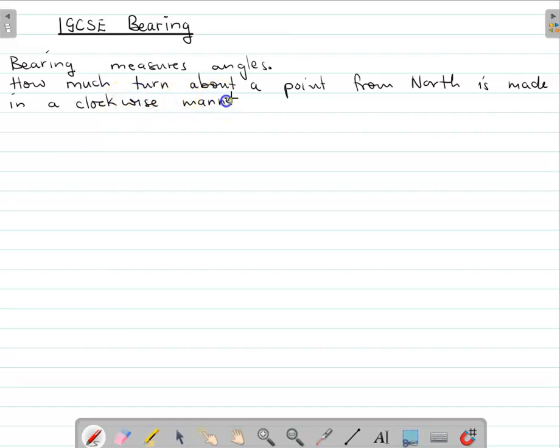So you are measuring an angle, but specifically you are saying this angle is how much of a turn from north. Which means when you are dealing with bearing, everything starts from north. What people might ask is, why?